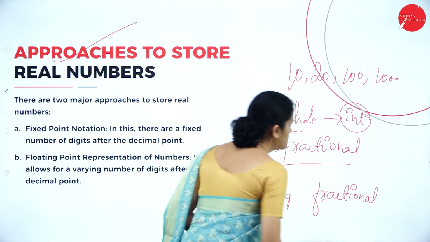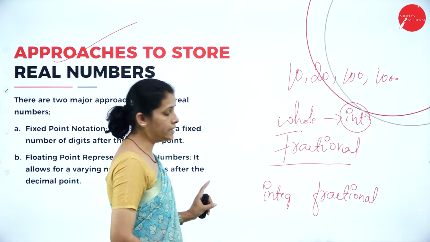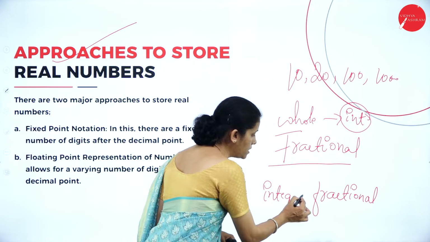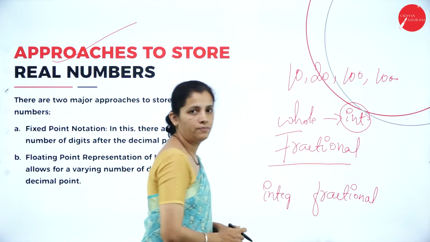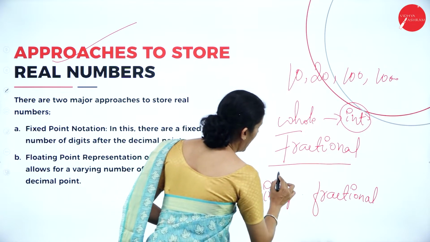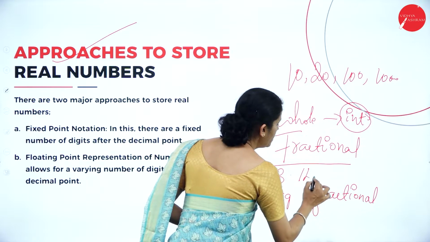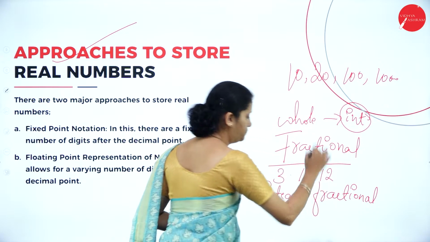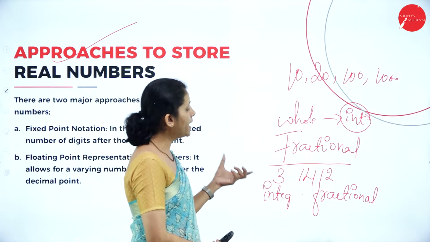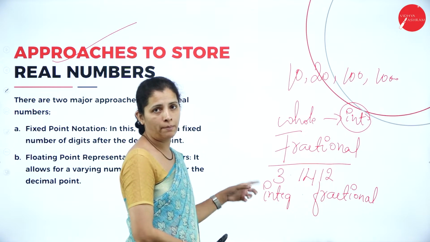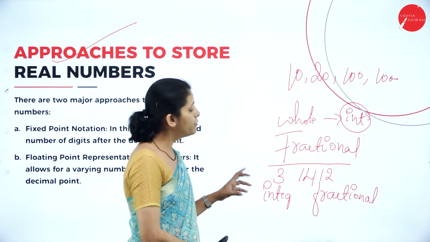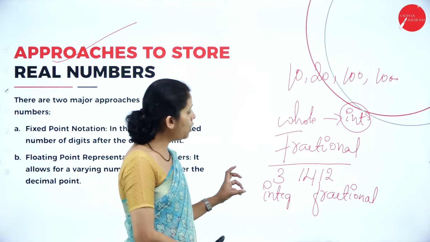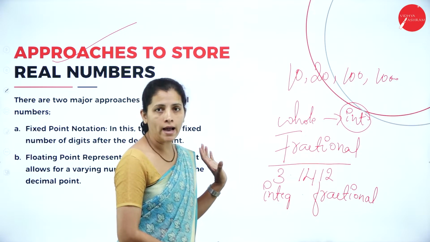So these real numbers are represented in the form of integer, dot, fractional. For example, 3.1412, this is the example for real number. This is nothing but the floating point number, or the fractional value.